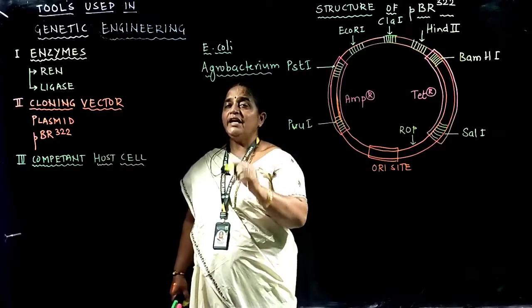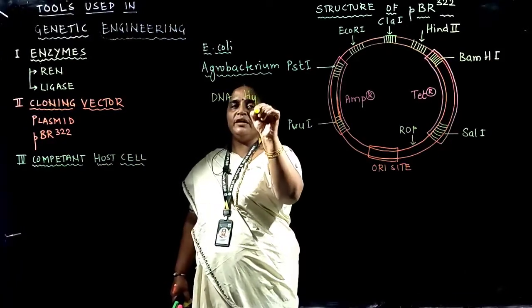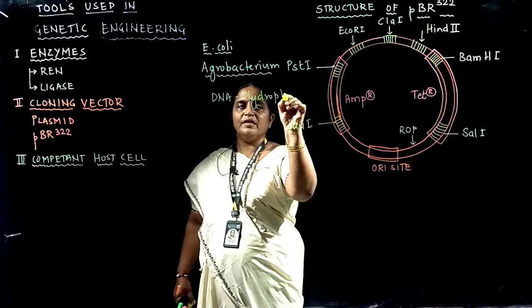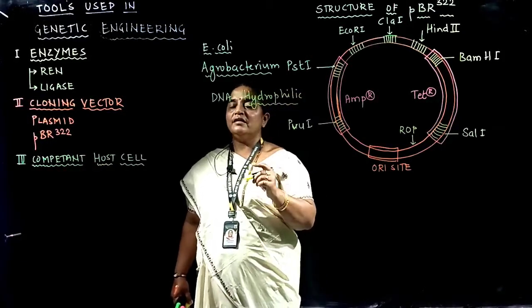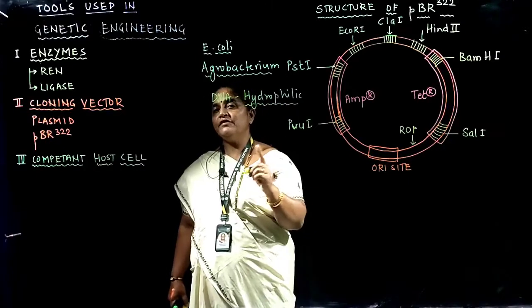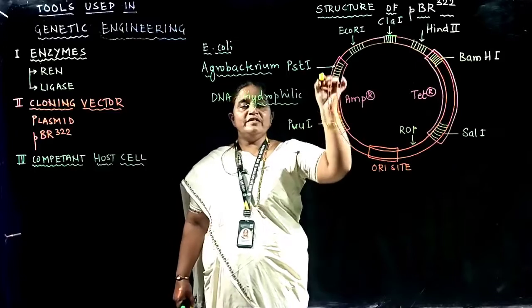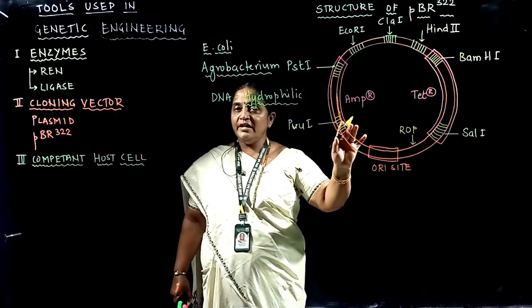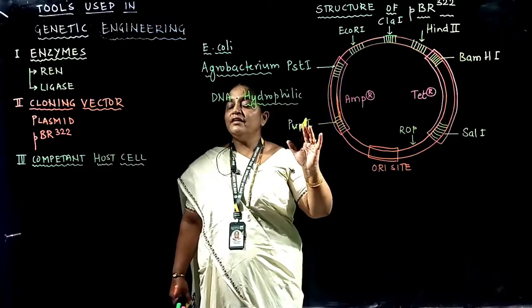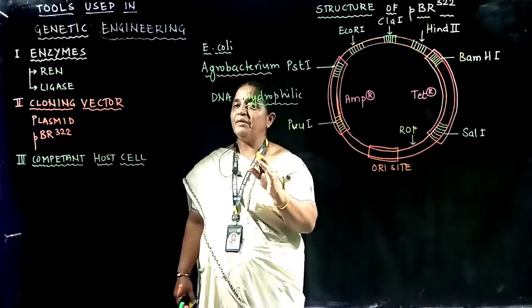Now take any DNA, this DNA molecule is said to be hydrophilic, and hydrophilic molecules are highly difficult to pass through semi-permeable membranes. So naturally, when you insert the gene of interest into this plasmid to obtain rDNA, it is very difficult to transfer rDNA into the host cell through their semi-permeable membranes.